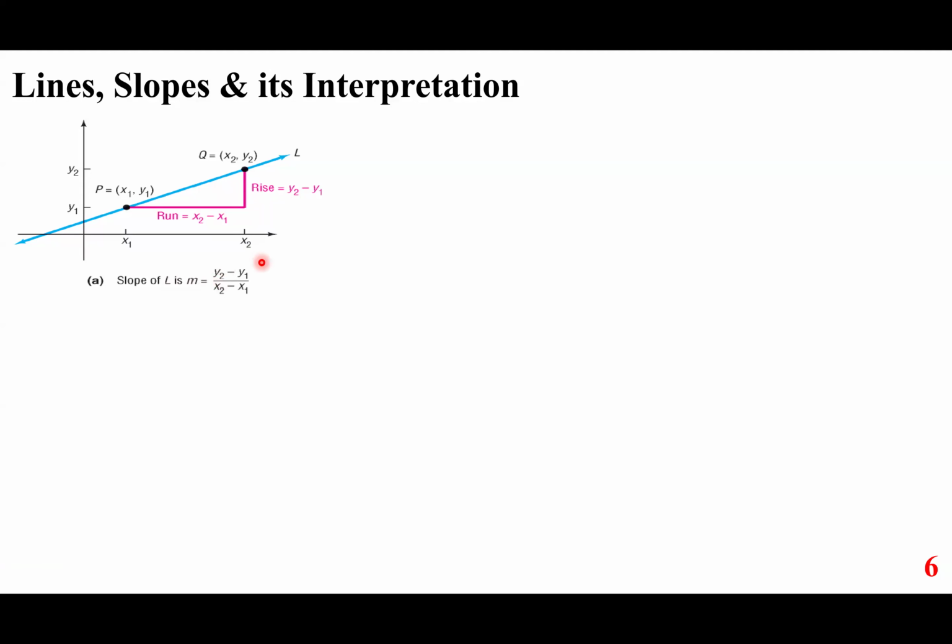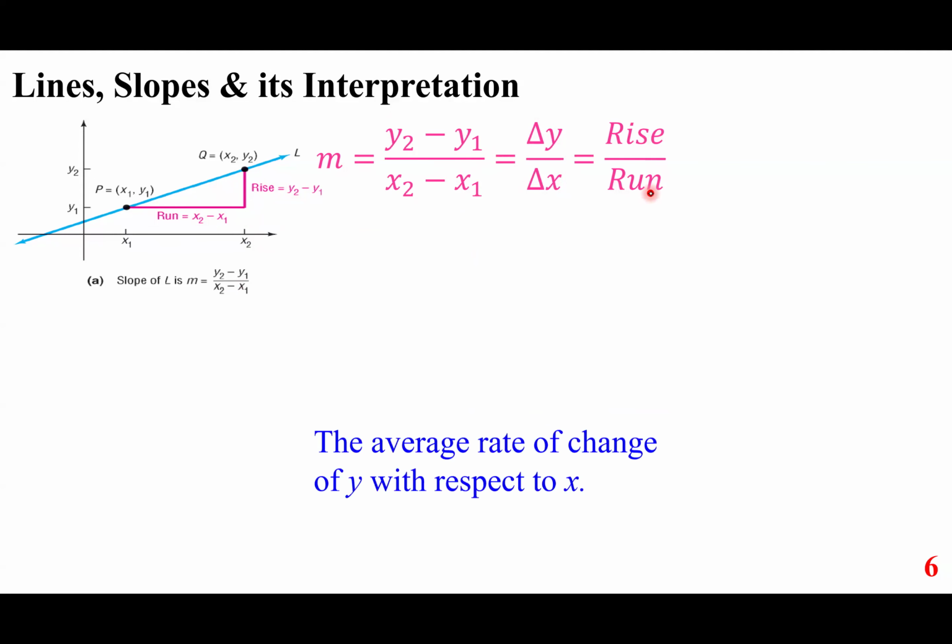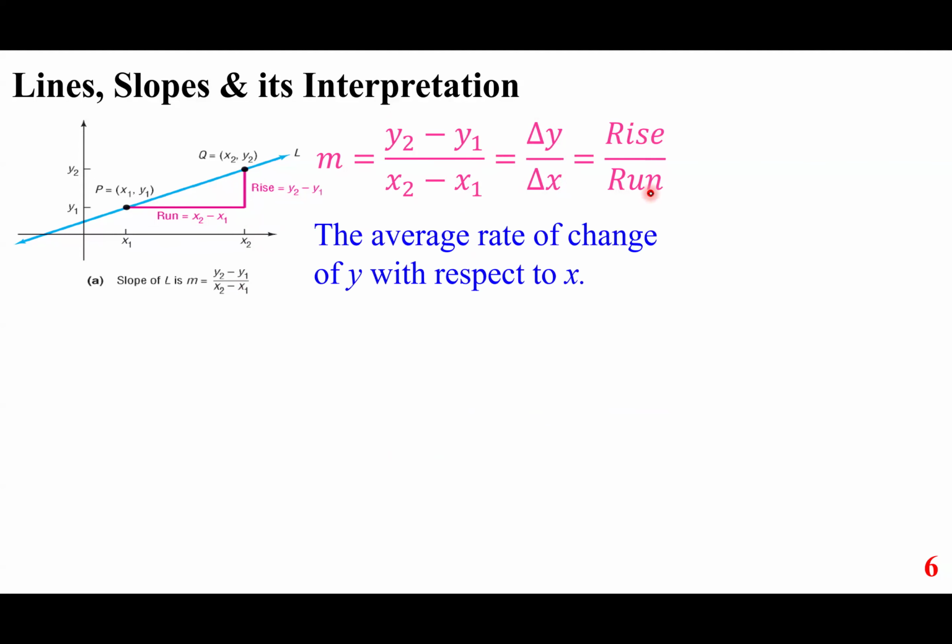Y sub 2 minus y sub 1 is the rise. X sub 2 minus x sub 1 is the run. Rise over run, the average rate of change of y with respect to x. M is y sub 2 minus y sub 1 over x sub 2 minus x sub 1. The notation used in calculus is delta y over delta x. Rise over run, the average rate of change of y with respect to x.